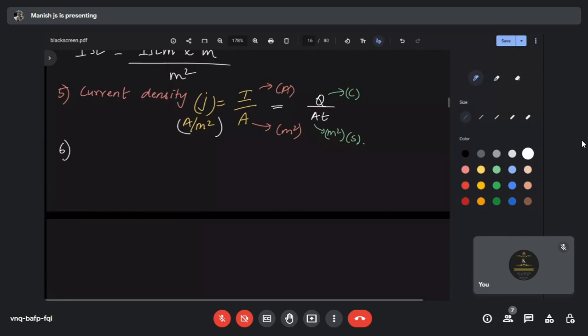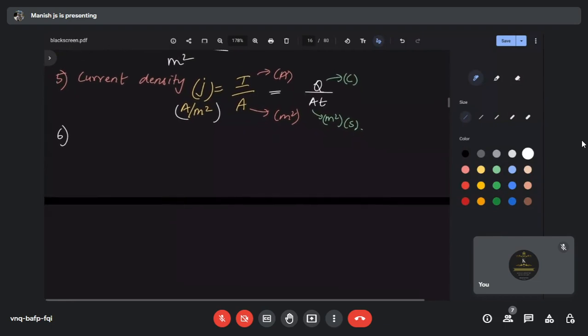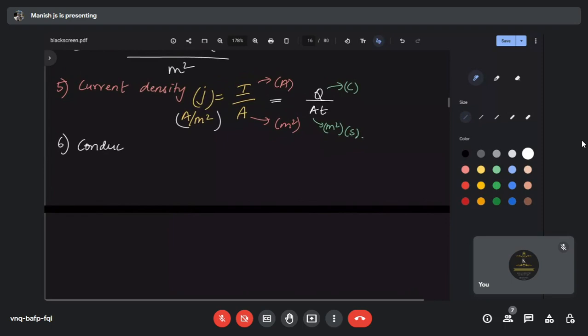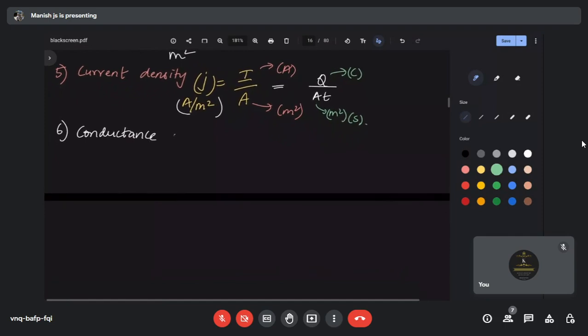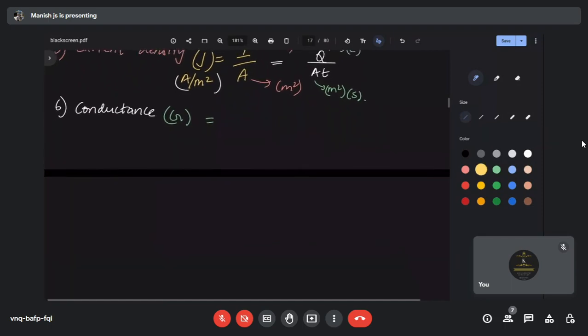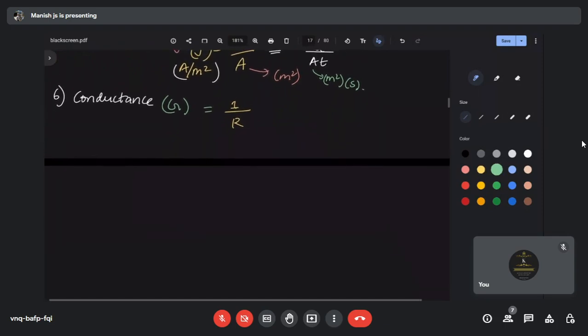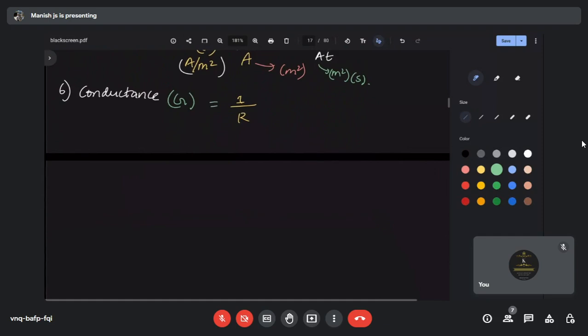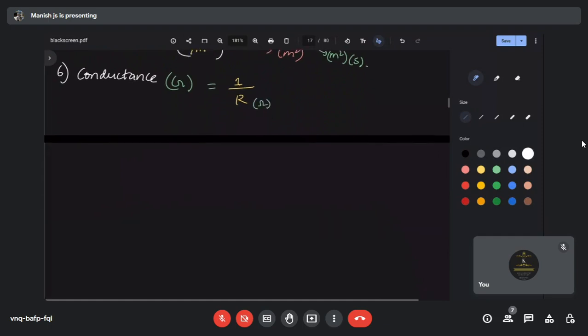Then moving on to the next part. Then you have something called conductance. Conductance is represented by the letter G, capital G. It is the reciprocal of resistance, so G is nothing but 1 upon R. Resistance unit is ohms, so conductance has the unit ohm inverse, or it is also called siemens, or also called mho, M-H-O.